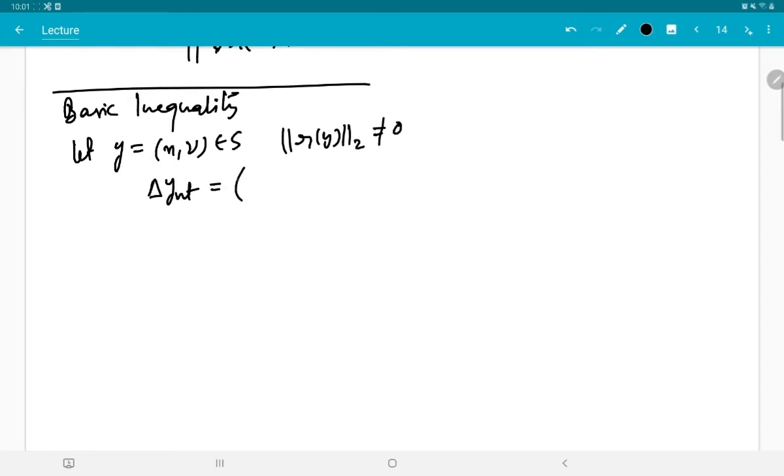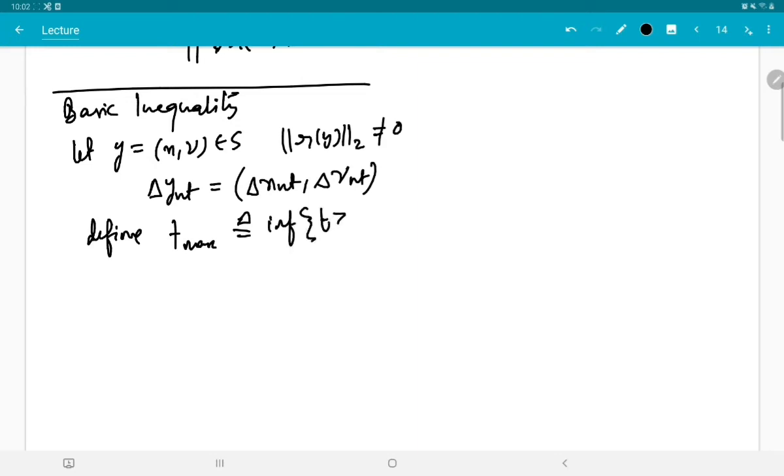Then y plus is x plus and nu plus, and define t max as this step, which is the infimum of the smallest step t such that y plus t delta y nt is not in S.